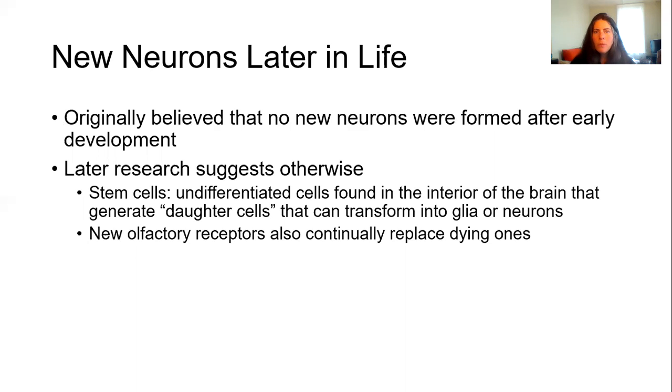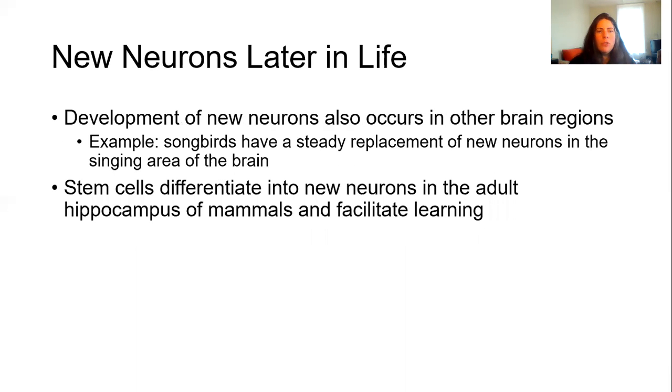Now, stem cells, by the way, are undifferentiated cells that are found in the interior of the brain, and they divide and produce daughter cells that can transform into glial cells or new neurons. And again, in the human central nervous system, the olfactory receptors can regenerate, and so can cells in the hippocampus.